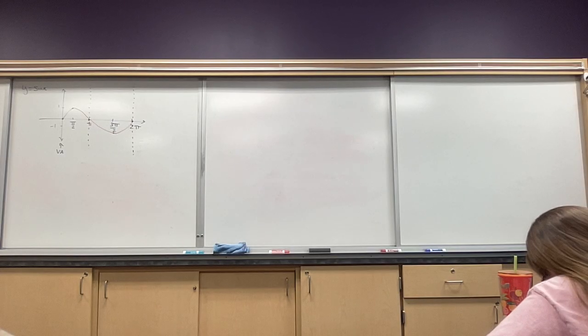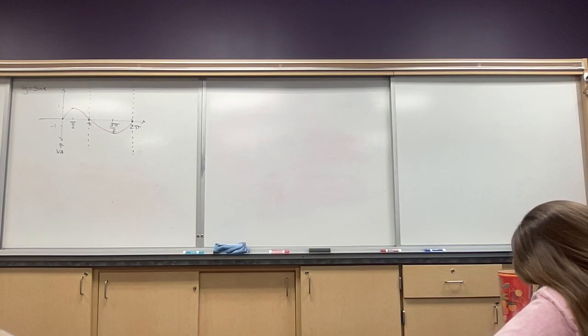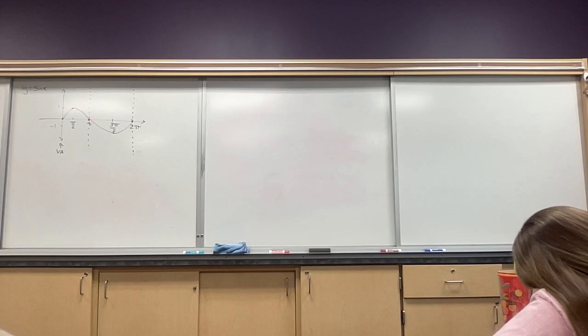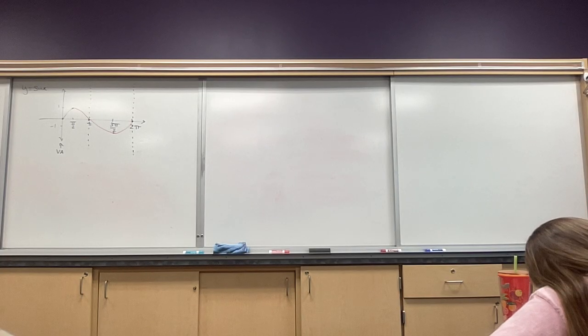Now, how to draw a cosecant? Well, let's use some behavior here. Notice that right here's my vertical asymptote. It starts decreasing, right? This decreases. Then it stops at 1. And then after 1, it starts to increase. So if you think about it, that's kind of like a parabola. Doesn't a parabola do that?